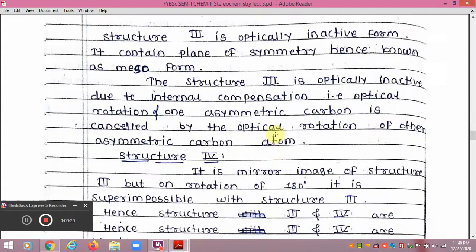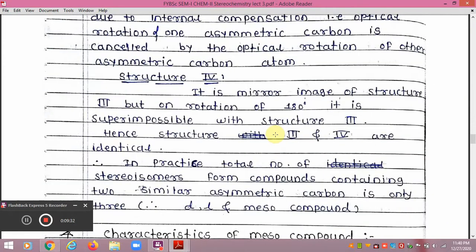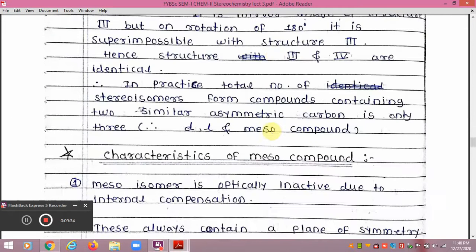It means that structure number 4 is the superimposable mirror image of structure number 3. It means that structure number 3 and structure number 4 are not different, these are identical.